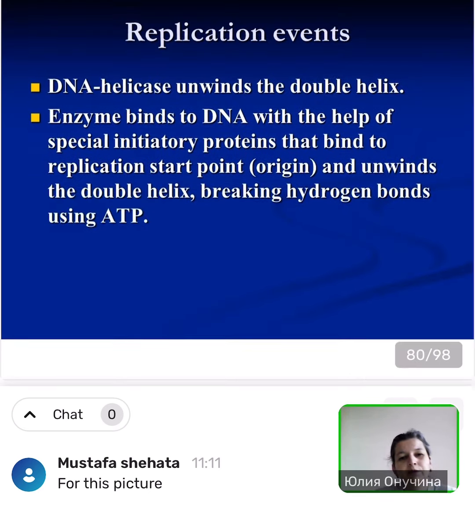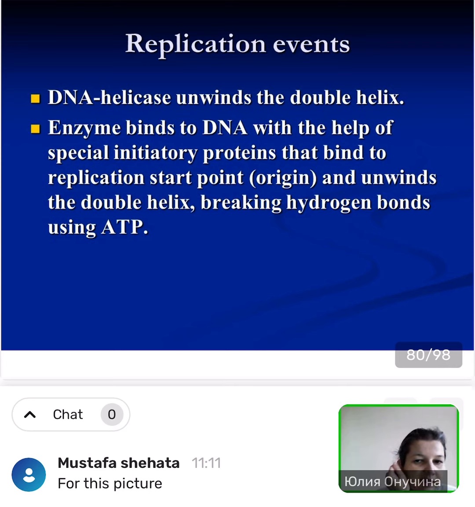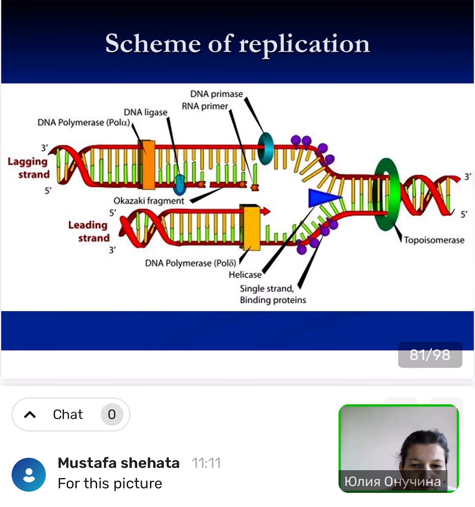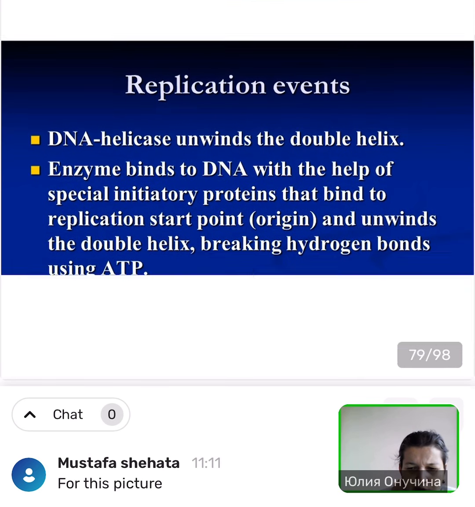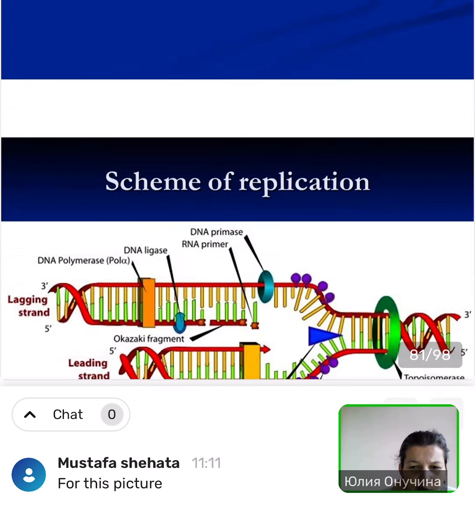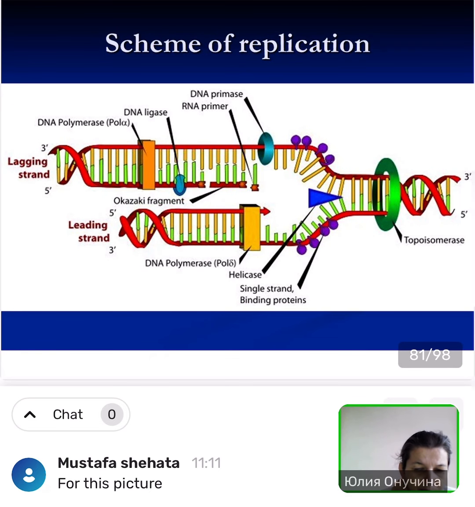But for this picture, you see DNA helicase unwinds the double helix. This is green topoisomerase. Helicase will be blue, dark blue.